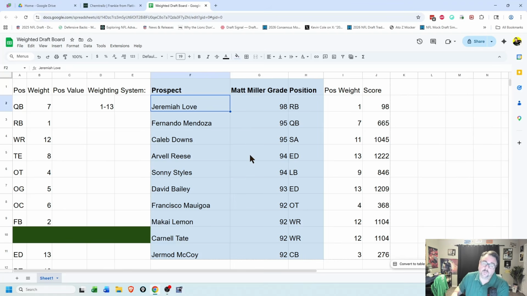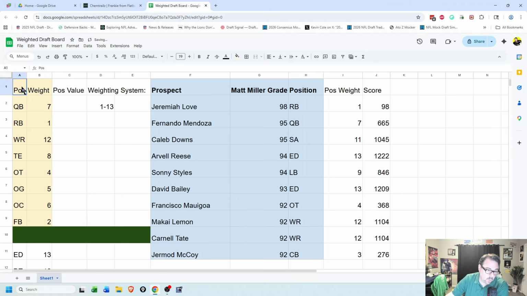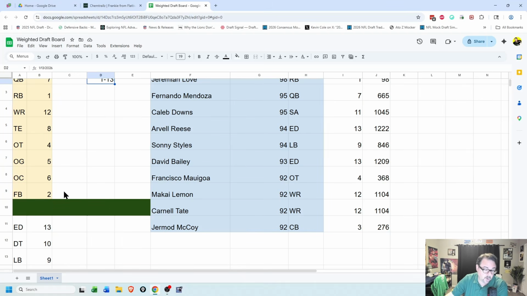Why is that wrong? Because you have to weight your needs, which is what's over here, and this is what the teams will do. Over here, I've created 13 positions on the team and their positional weight scores: quarterback, running back, wide receiver, tight end, offensive tackle, offensive guard, offensive center, fullback.